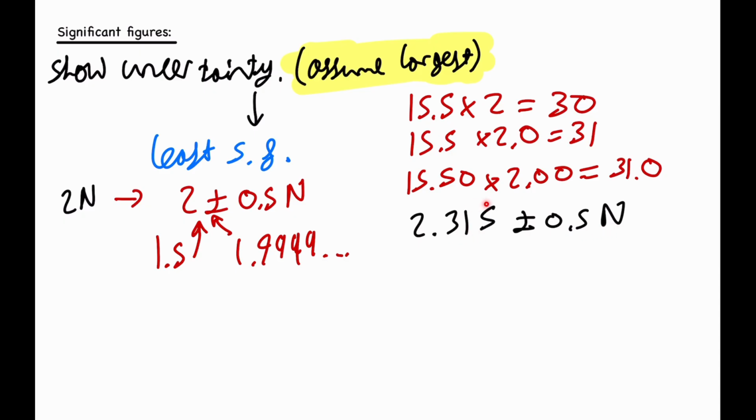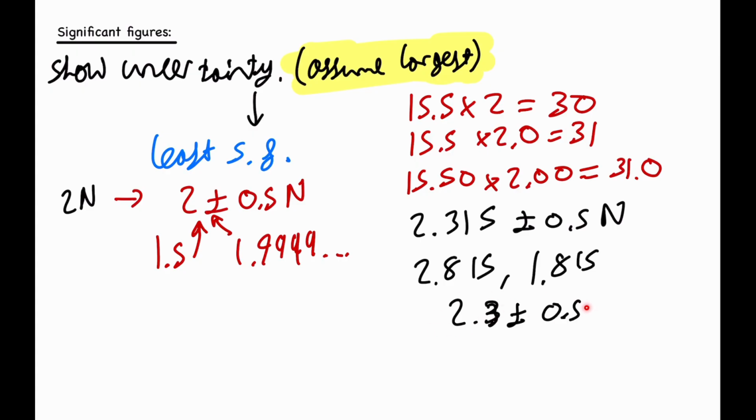Because these numbers could be arbitrary, because we're saying it's plus minus 0.5, so it can be between 2.815 and 1.815. Because there's so much difference between these two, there's no point of writing these extra two values, so we can just leave it as the 2.3 plus minus 0.5. And this is possible because this is not a higher precision than the uncertainty, so we can leave it like this. So this one is wrong and this one is right.